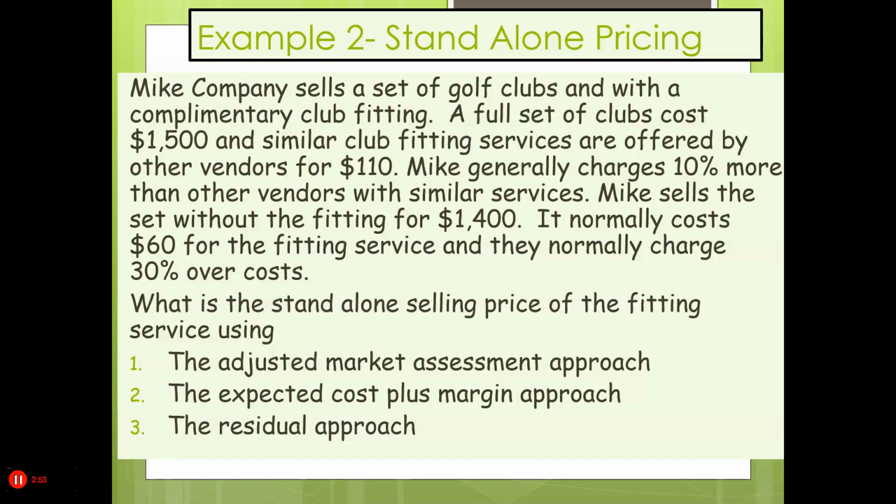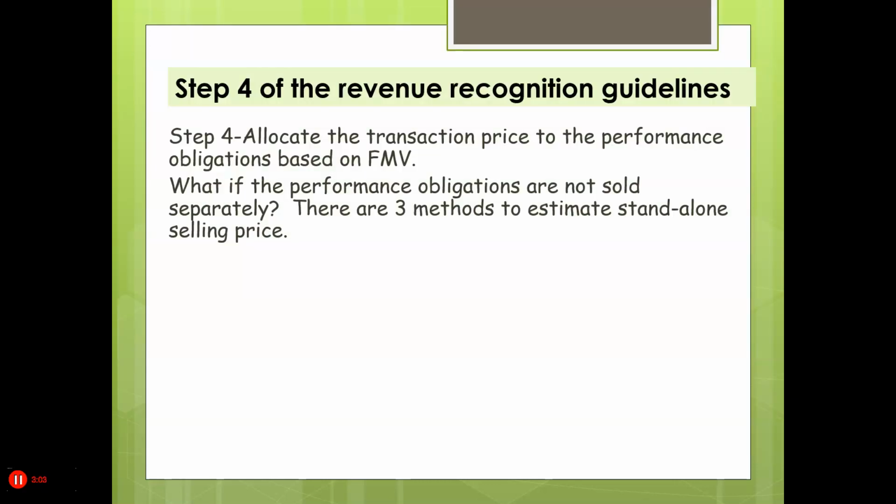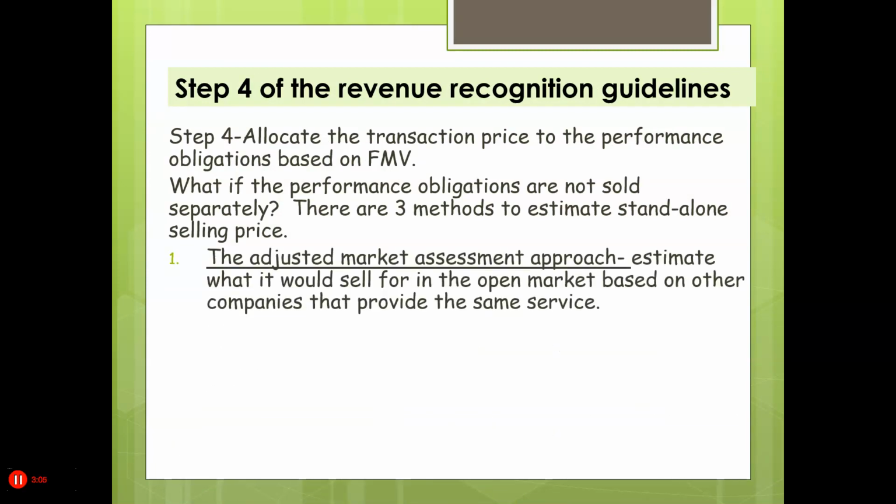Let's take a look at another example, but in this case we're going to use standalone selling price of the fitting using 3 different approaches. So we have the adjusted market assessment. We estimate what it would sell for in the open market based on other companies that provide similar services.